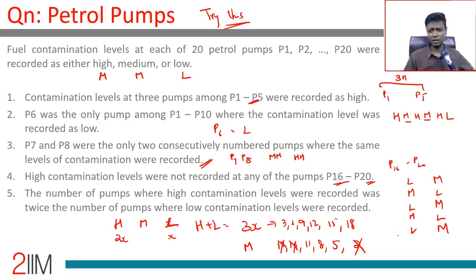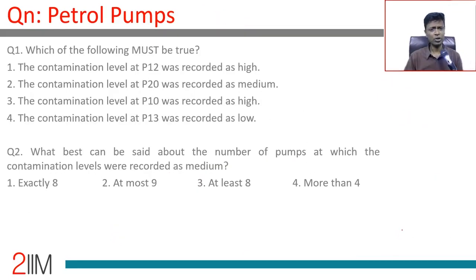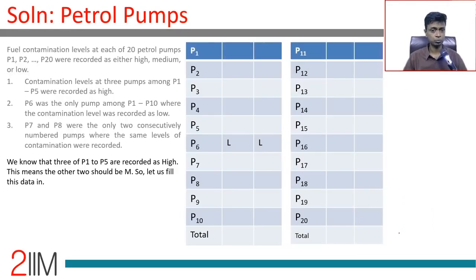Right? So we built some base, some inferences. Let's dig deeper now. A bunch of questions to follow. We'll come to that. So let's go step by step. This is L that we know. That could be HH or MM that we know.